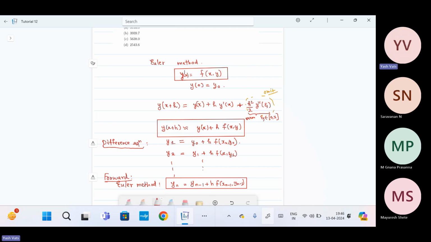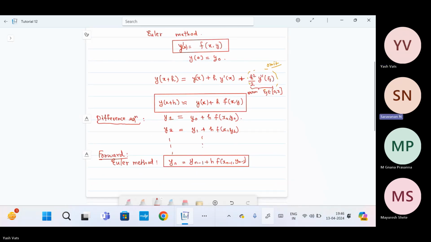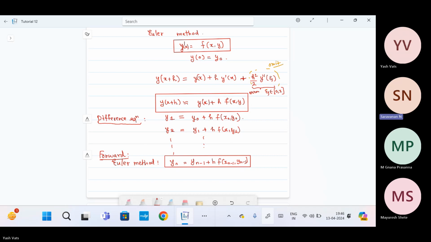Correct, na? Yeah. In the last assignment, there was one question with respect to that error approximation. We had posted it in the common group, but we could not clearly get the answer. Which question number?